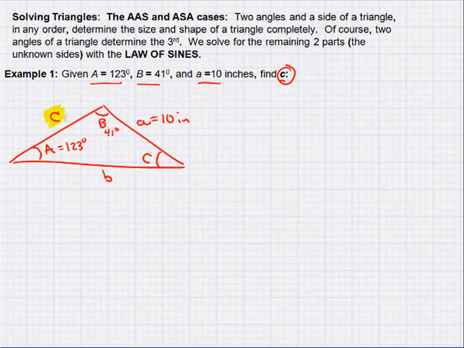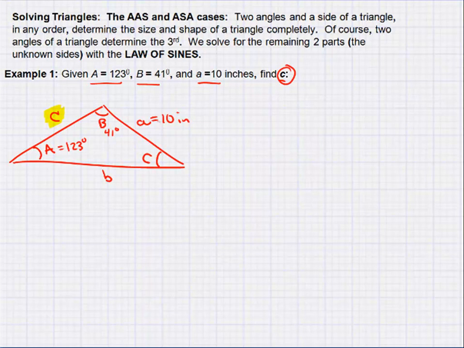Unfortunately, we can't go directly and find that side. The key to these proportions that create the law of sines is you have to know a certain amount of variables to be able to solve a proportion. A proportion has four parts to it. Two numerators, two denominators. And out of those four parts, in order to solve a proportion, you have to know 3 out of the 4. So if you look at this, what do we know?